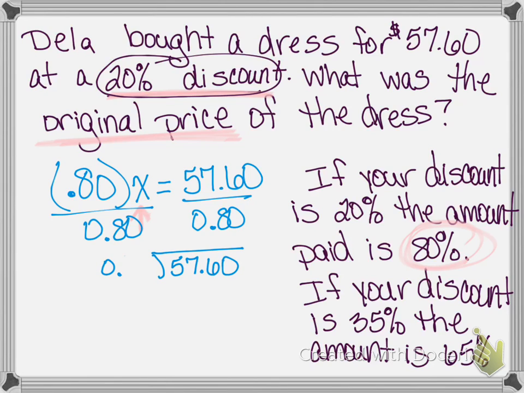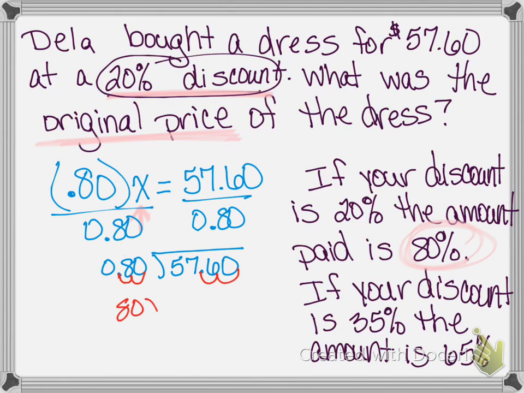I'm going to have 0.80 outside the box. So I am going to move this decimal spot over twice. This is how you divide decimals. And then I move this over twice.